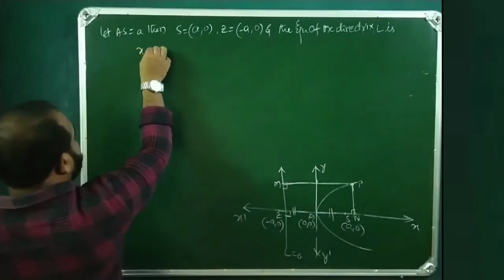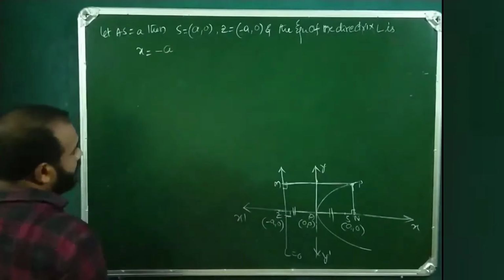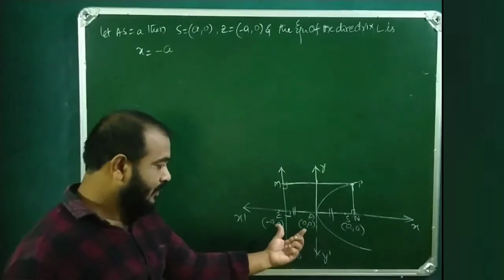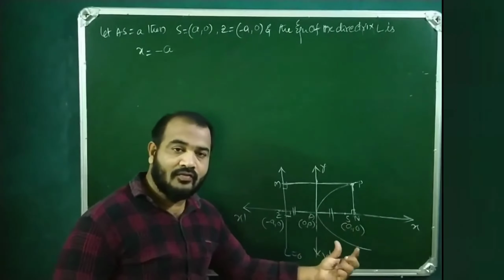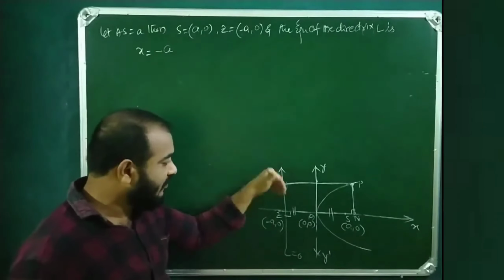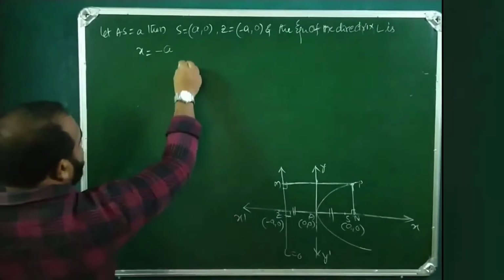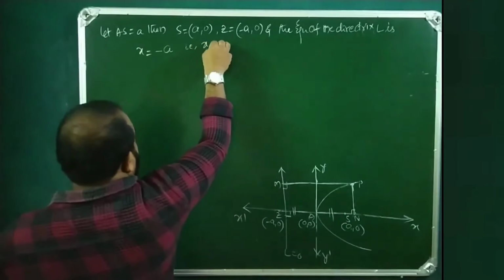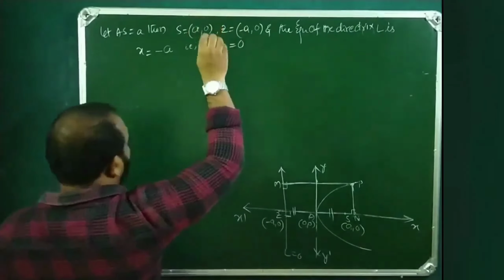K in the sense this is a and this is also a. So x is equals to minus a. Speaking from the coordinates perspective, x equals to minus a is this line. That is x plus a is equals to 0.